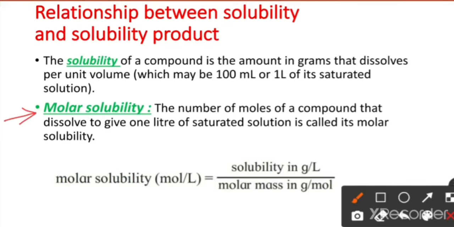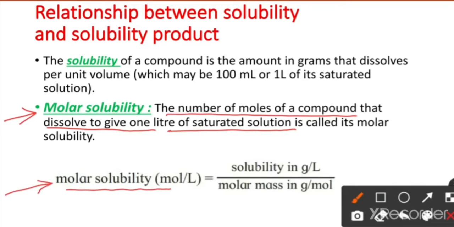Molar solubility: the number of moles of compound that dissolves to give 1 liter of saturated solution is called its molar solubility. And the formula: molar solubility in moles per liter is equal to solubility in grams per liter divided by molar mass in gram per mole.